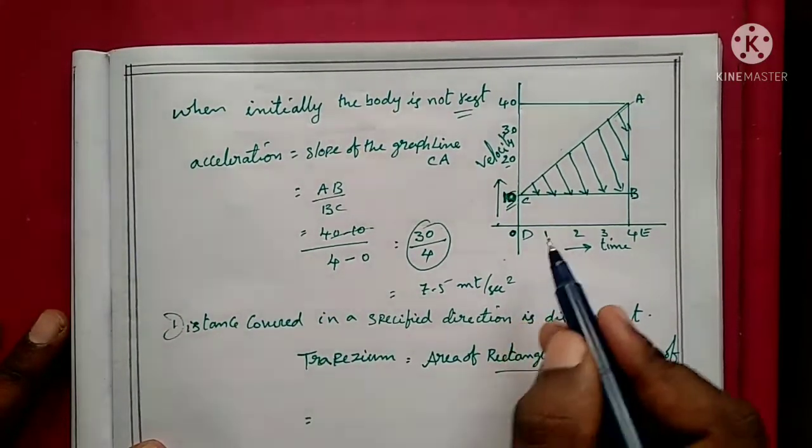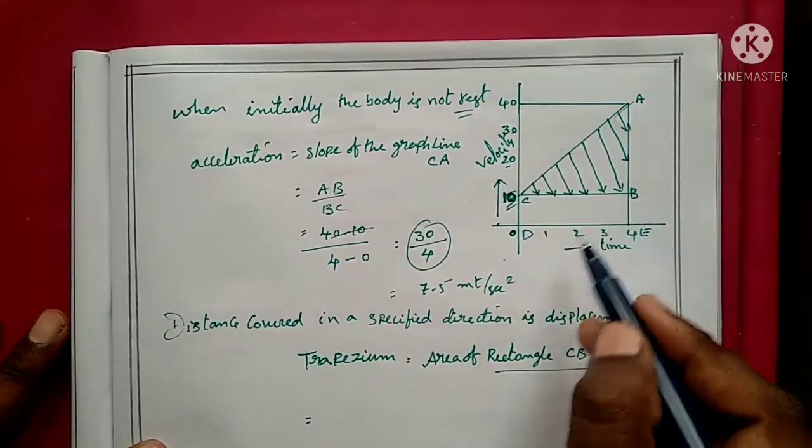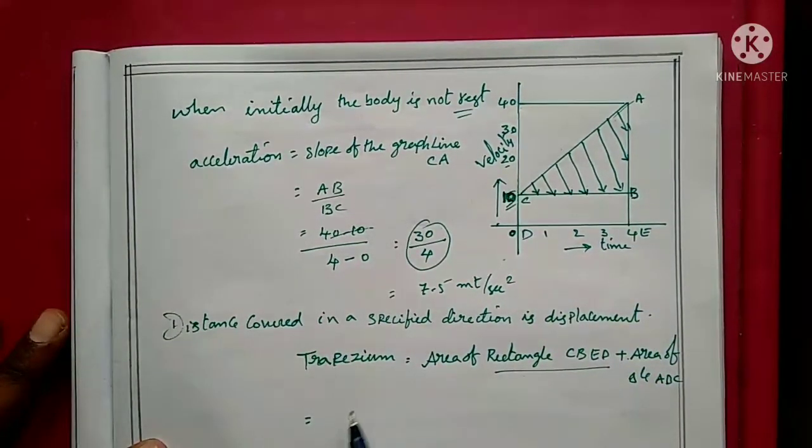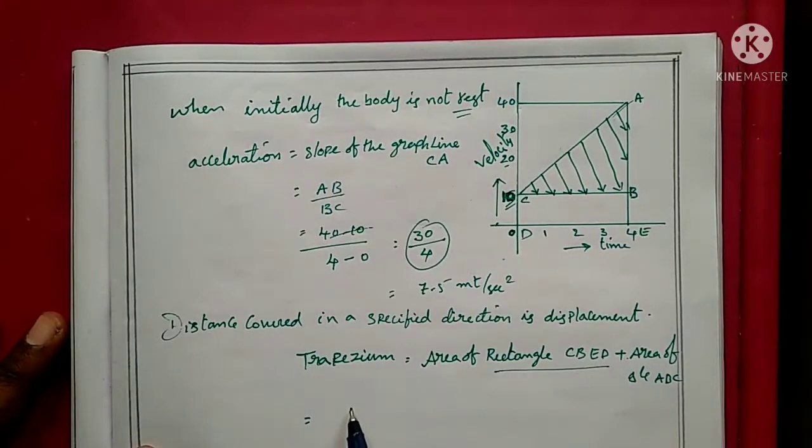now the area of the rectangle is CBED. So CB, how much? 4. Area of rectangle is length into breadth. What is the value?